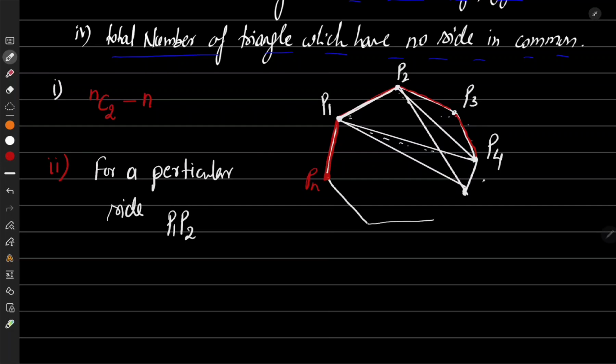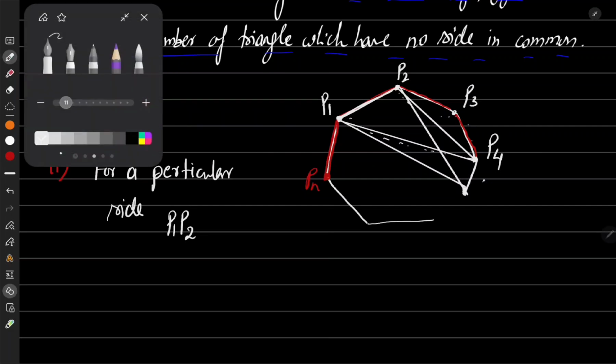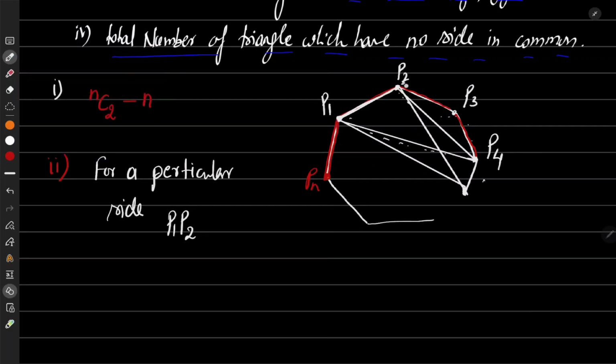P1 and P2 are the two vertices; I need to select the third vertex in such a way that no further side of the polygon comes in common. Only one side of the triangle is a side of the polygon. In this way, I need to leave out P1, P2, P3, P4.